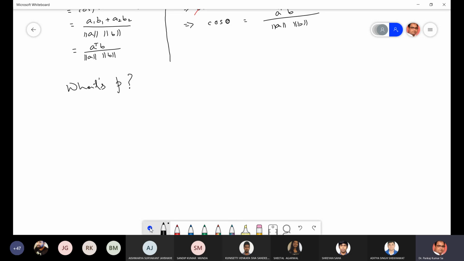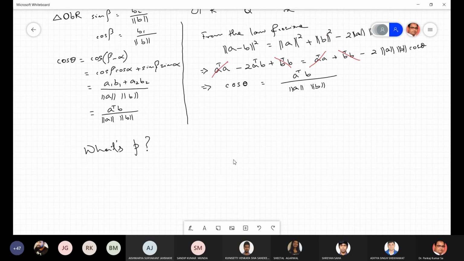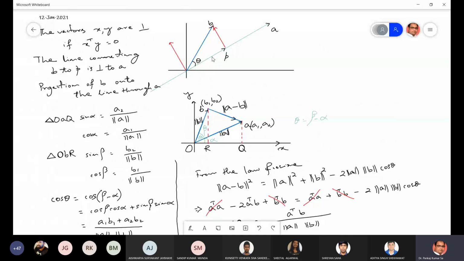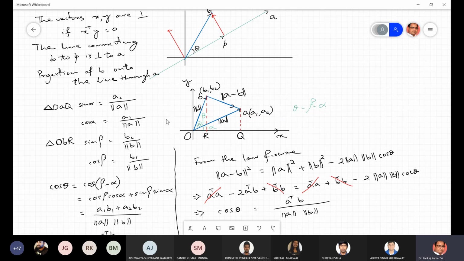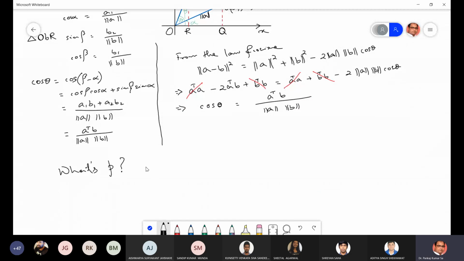Can I write the vector P is equal to some scaled version of A? I can very well write, right? The vector P is a scaled version of vector A. Let us say the scale is x cap.